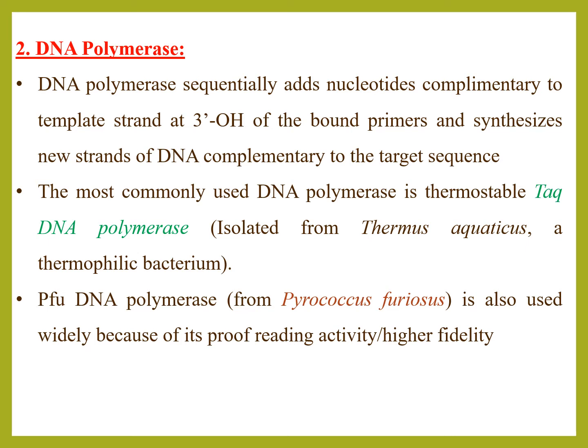This was isolated from Thermus aquaticus, a thermophilic bacterium, and it is stable at higher temperatures. Nowadays we also use other polymerases having proofreading activity, that is Pfu DNA polymerase isolated from Pyrococcus furiosus, because these have proofreading activity to prevent errors in the addition of nucleotides. We generally use this Pfu DNA polymerase.